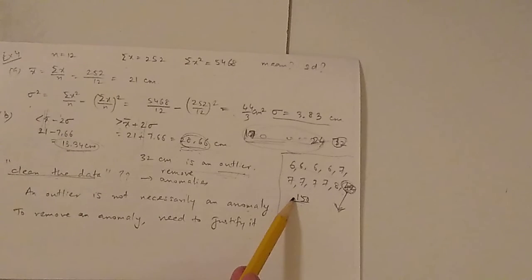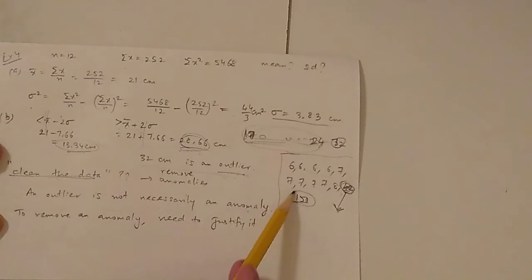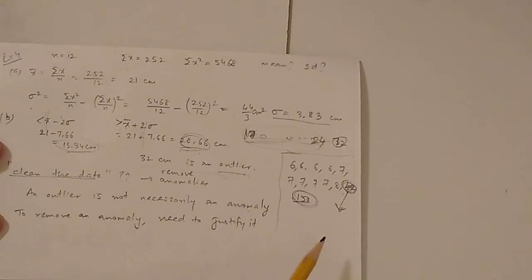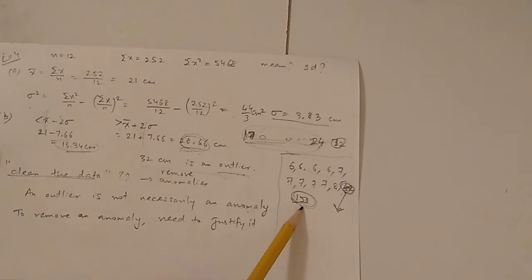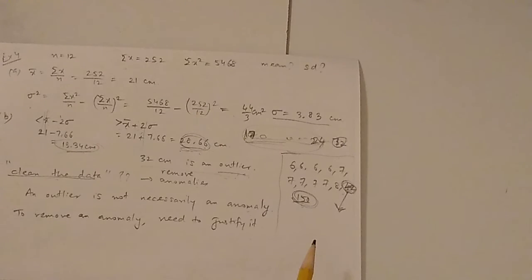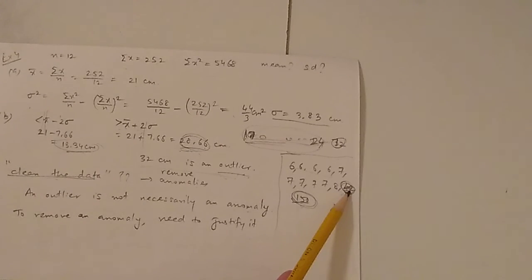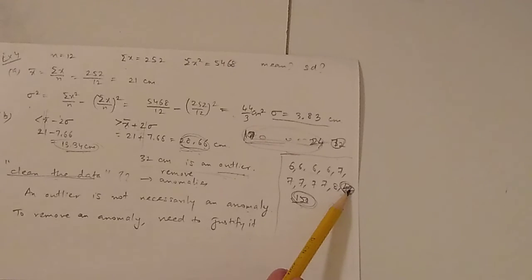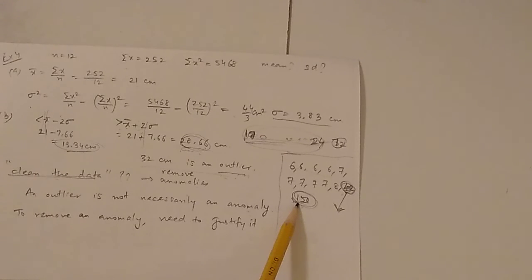So there is a very high chance that there was some error while recording the data. So you need to have some supporting evidence. For the 42 case, you didn't have any supporting evidence. For this case, you do have supporting evidence that it is not possible for someone to be 150 years old.